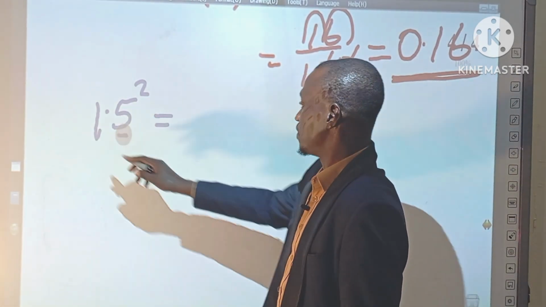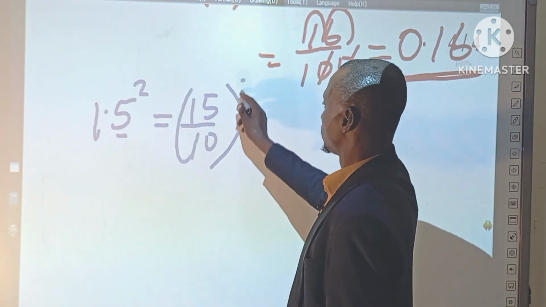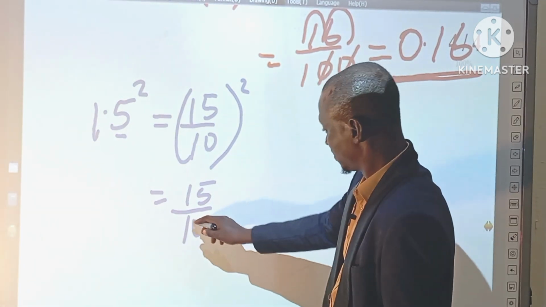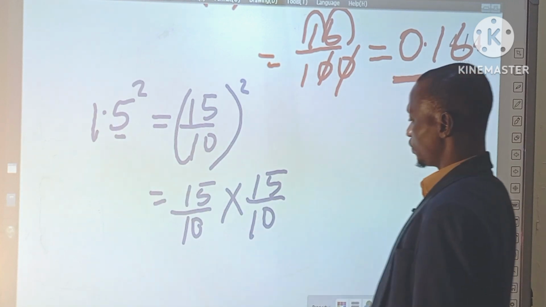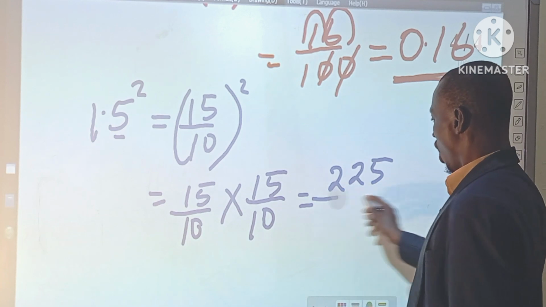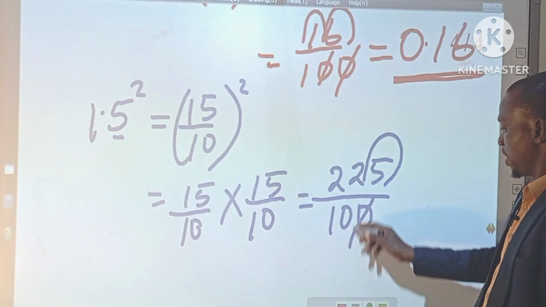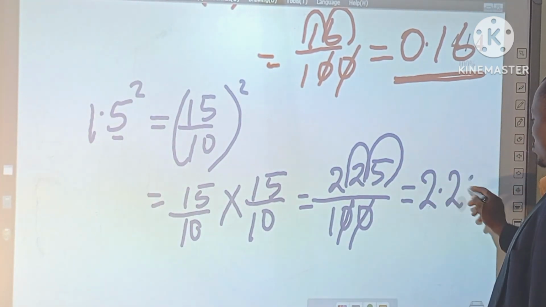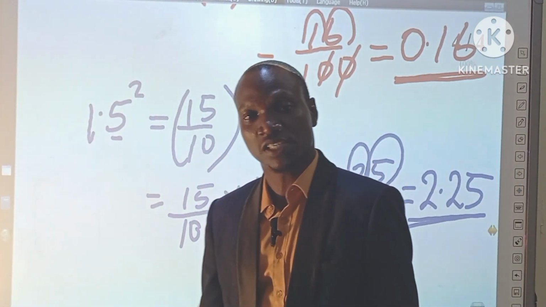With this having one decimal place, it becomes 15 all over 10 squared, which is the same thing as 15 over 10 times another 15 over 10, which is the same thing as 225 all over 100. Then this zero moves the decimal point from here to here. This other zero moves it from here to here. So what we have left is 2.25. Math is actually easy peasy, lemon squeezy, pizza cheesy.